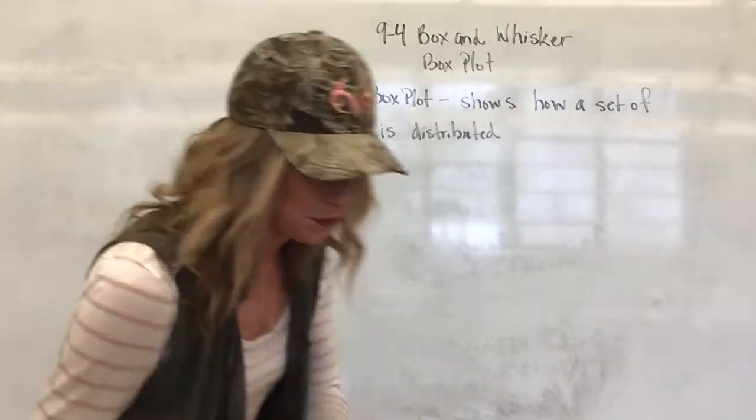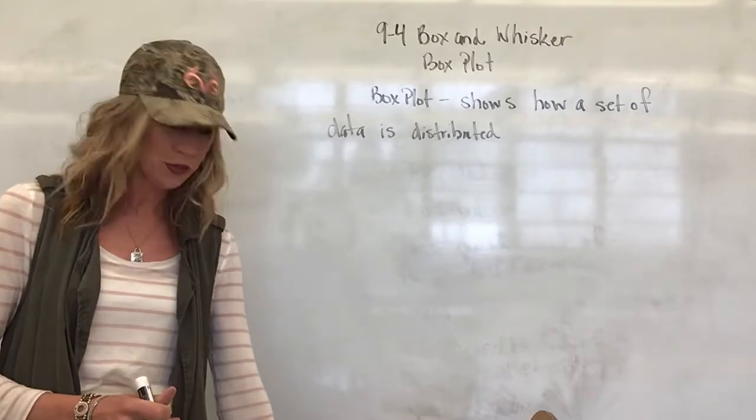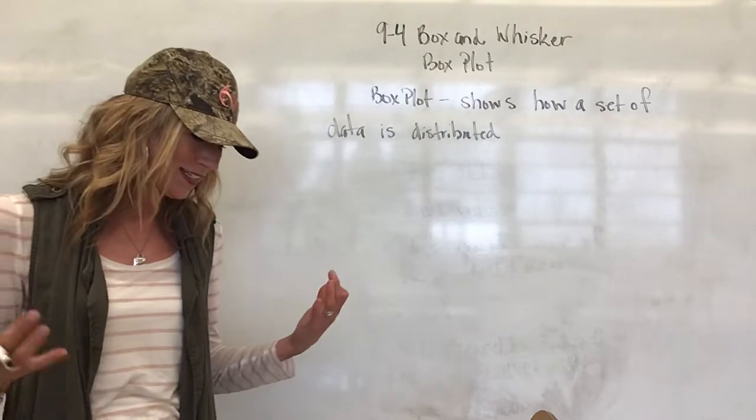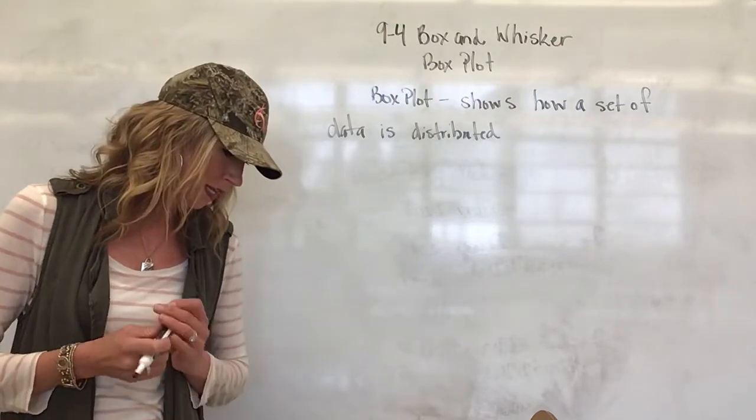All right, here we go. I'm going to move this so I can see it. Remember, we're going to find those 5 key values. That's our data. They've given us the data. The data is the scores of this girls basketball team.